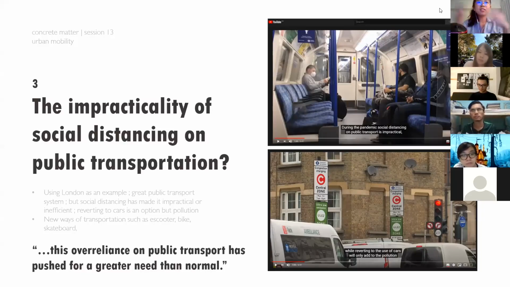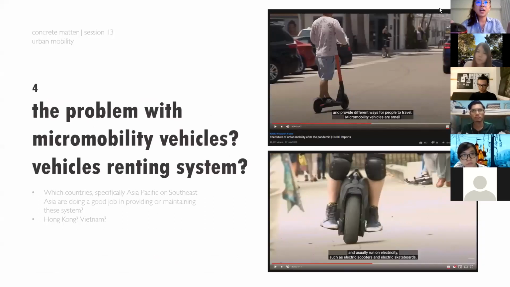Because of this, new ways of transportation start arising, what they call micro mobility vehicles. This includes PMDs, bikes, scooters, skateboards, and other such vehicles.